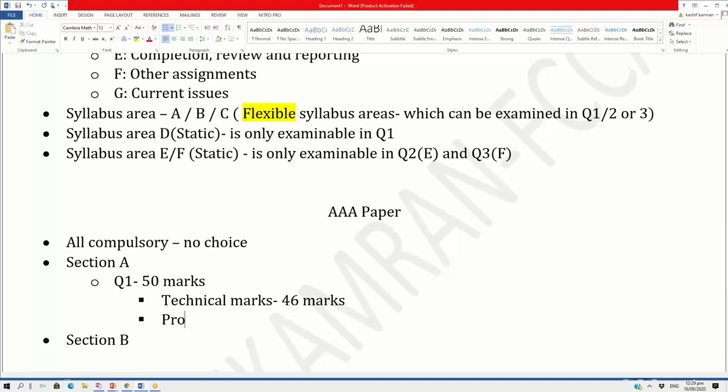And then you have the professional marks, like in any strategic level paper of ACCA. There are only 4 professional marks in the AAA paper, which is for writing the answer in a briefing note format.